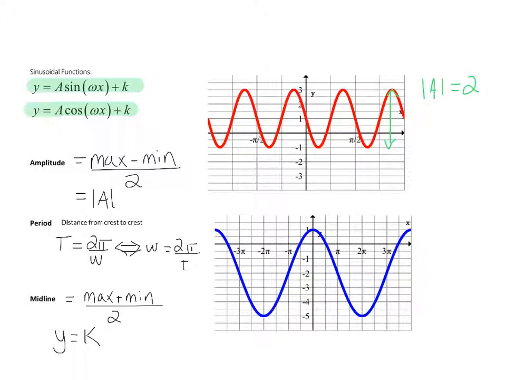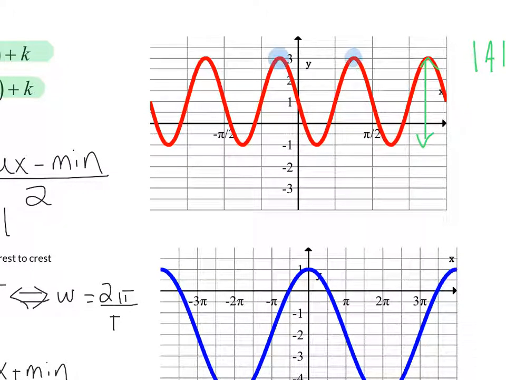Now my period is measured from crest to crest. So I could take this crest over here and that crest right there and measure how long it takes to do that. So we have to actually figure out where those are. Looking at my tick marks, I know that this is negative pi over 2 over here.